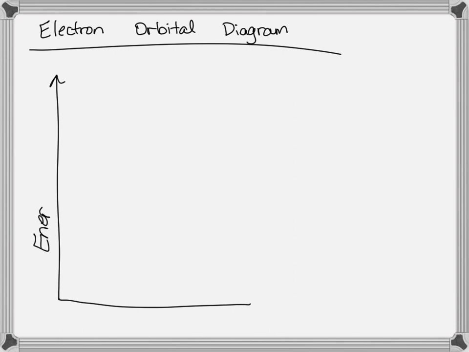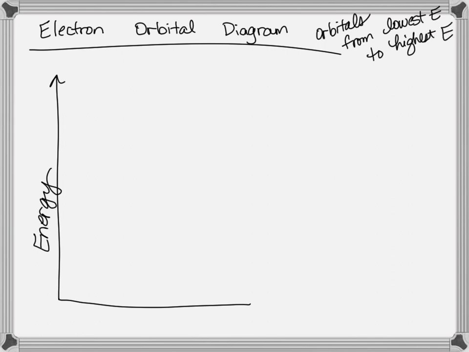You have energy increasing on the y-axis. We have to write the orbitals in order from lowest energy to highest energy. You have to know the order.